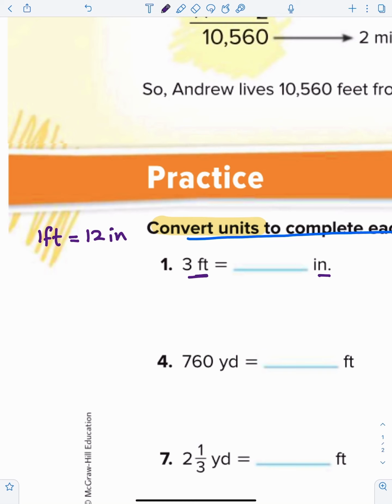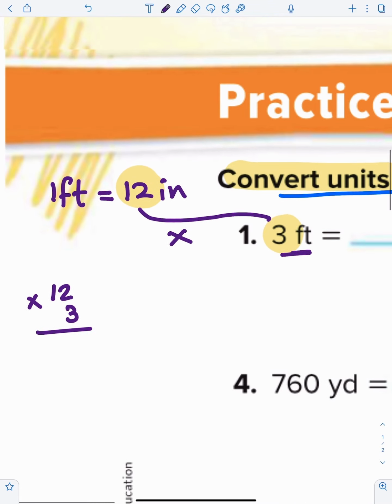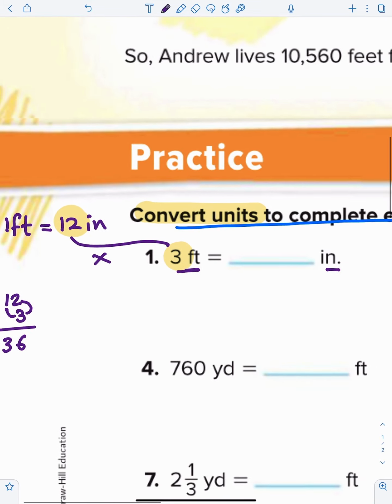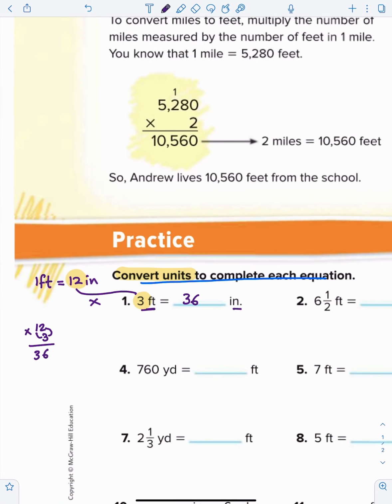You basically need to multiply. What are the numbers that you're going to multiply? 12 multiplied by 3. You should know that from the times table, but let's do it. 3 times 2 is 6. 3 times 1 is 3. So 3 feet is equal to 36 inches.